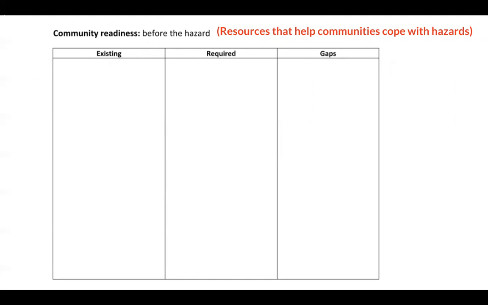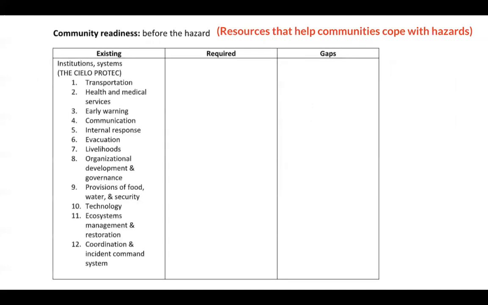So while the survivability tables we just went over were concerned with the human elements at risk, readiness is concerned with the non-human elements, which include transportation, health and medical services, early warning systems, communication, internal response, evacuation, livelihoods, organizational development and governance, provisions of food, water, and security, technology, ecosystems management and restoration, and coordination and incident command systems. So this is a big list of things, but you can use the acronym at the top, the Cielo ProTech, to help you remember.